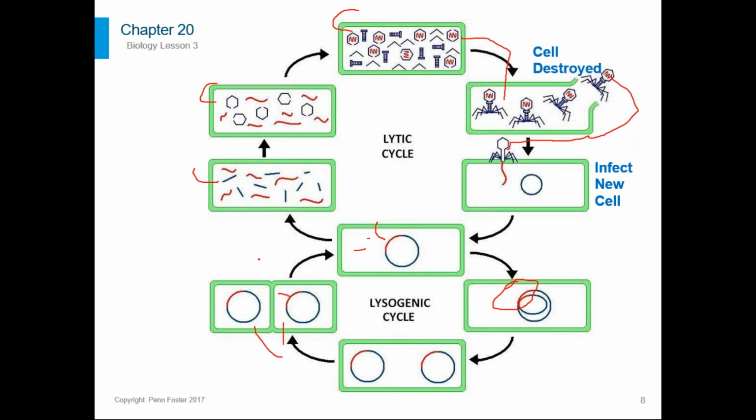So the lysogenic cycle isn't really destructive. It lets the cell keep living, keep doing its thing, but now it's also creating more viruses. And then eventually, something triggers it to move into the lytic cycle. So now all these cells that have viral DNA are going to start making viruses really quickly.